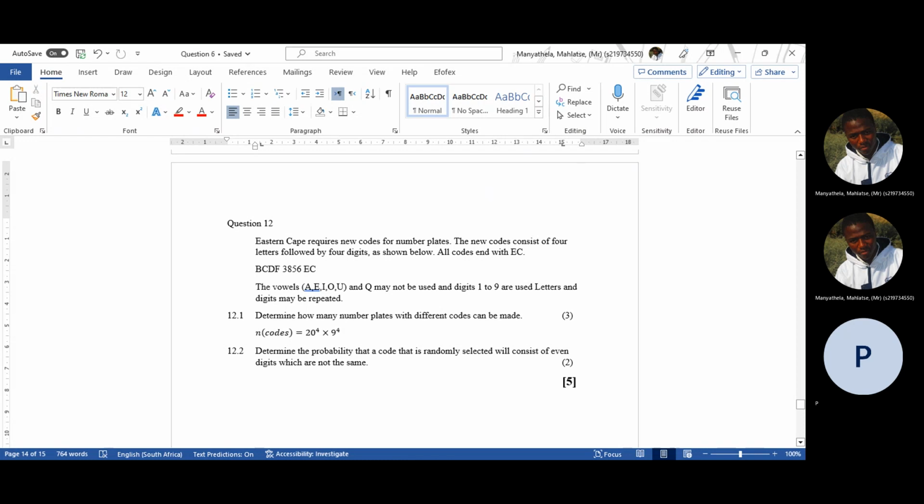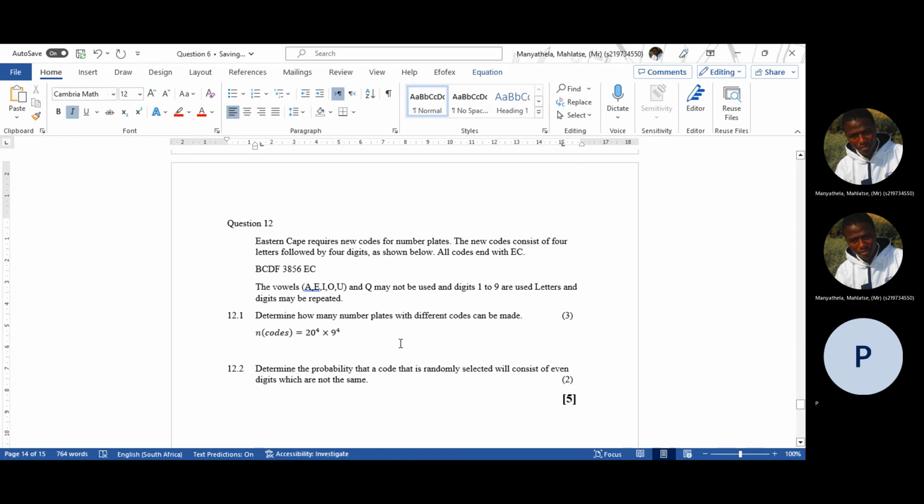If you punch this on a calculator, it will give you an answer: 20 to the power 4 multiplied by 9 to the power 4.